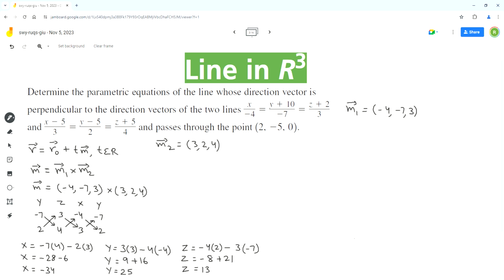I get z equals 13. So that means the direction vector m is equal to (-34, 25, 13). We can use this given point that lies on the line for r0.